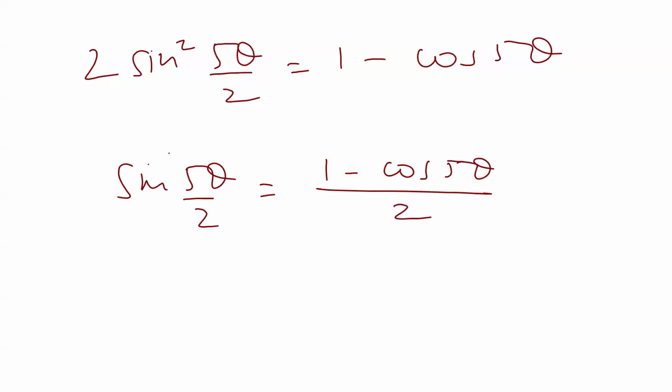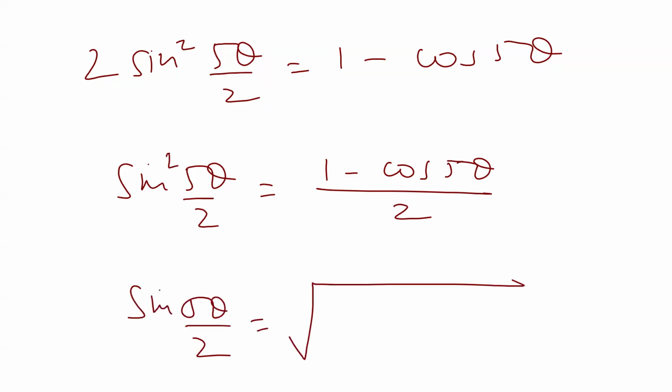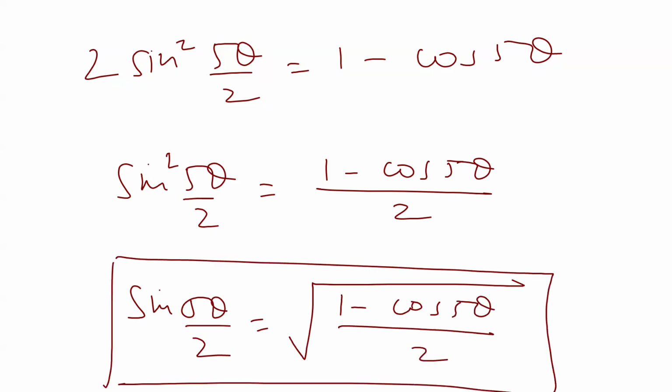This will be square over here. Eliminate the square. You'll get root 1 minus cos phi theta by 2. Okay, fine. So this is how we express sin phi theta by 2 in terms of cos phi theta.